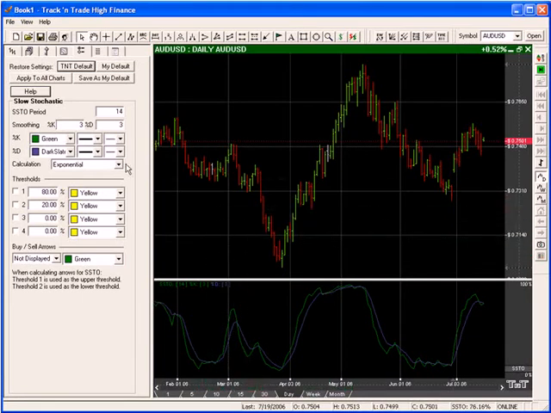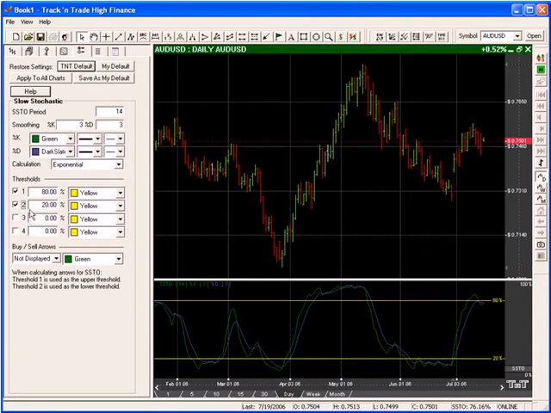So now I'm going to turn on a couple of thresholds of this indicator, and you'll notice that this threshold is set at 80%. That's the top of the window, or 80% of the top window, and 20% of the bottom window. Now, the way this indicator works to help us know whether the market is in what we call an overbought or an oversold region is this way right here.